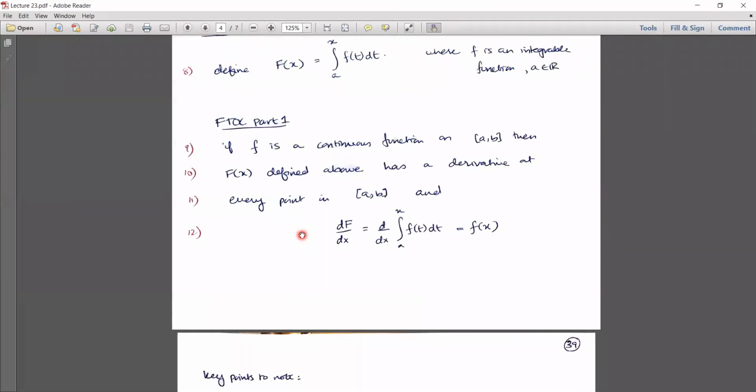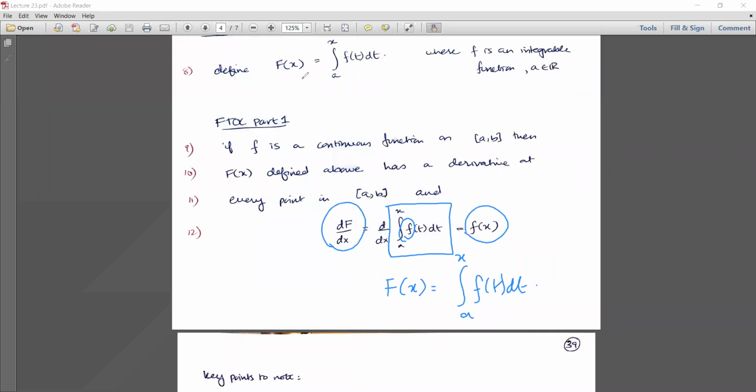This was a statement which said that if small f is a continuous function, and you define capital F of x as the integral from some constant to x of f of t dt, then the derivative of capital F with respect to x is just small f of x. So basically, definite integration and differentiation reverse one another.